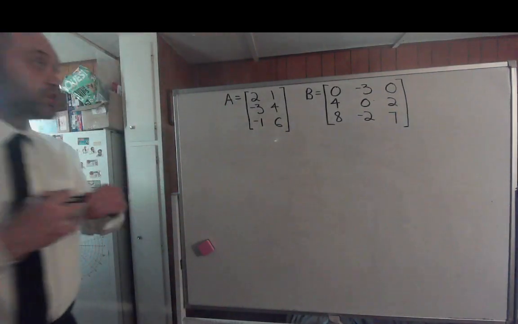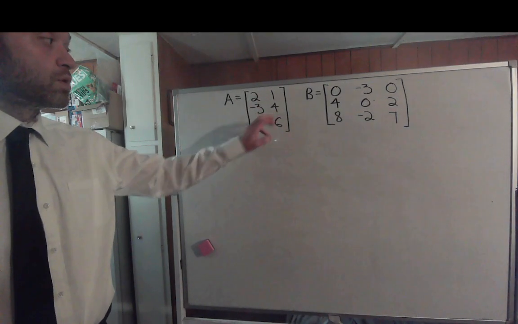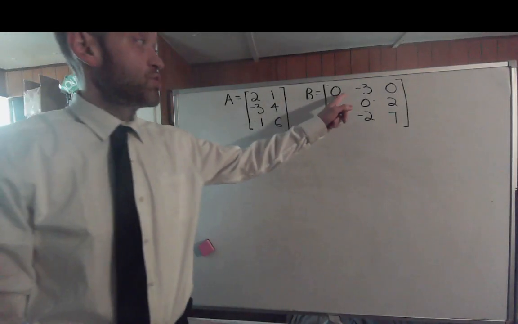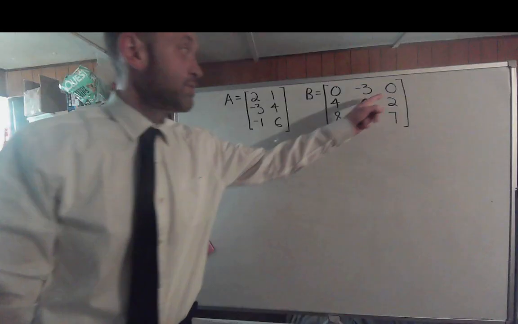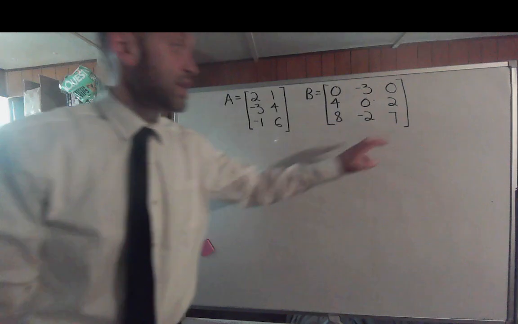Alright, so you got matrix A with entries 2, 1, negative 3, 4, negative 1, 6. Matrix B has entries 0, negative 3, 0, 4, 0, 2, 8, negative 2, 7.